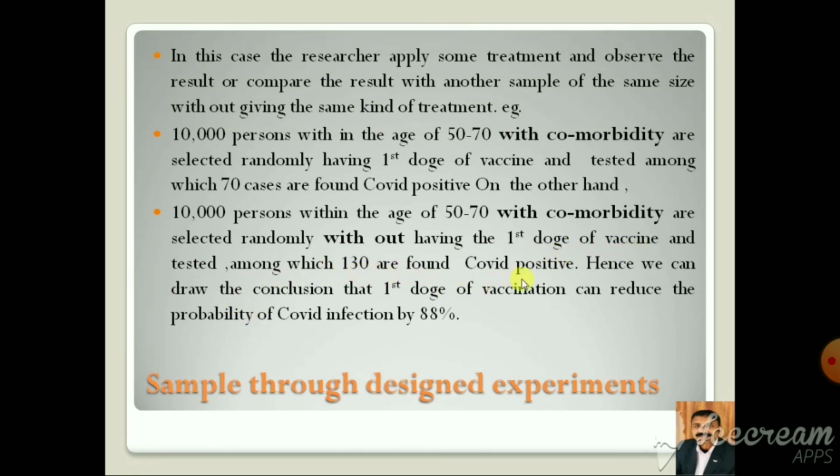Hence, we can draw the conclusion that the first dose of vaccine can reduce the probability of COVID infection by 88%. In this way, we can explain.